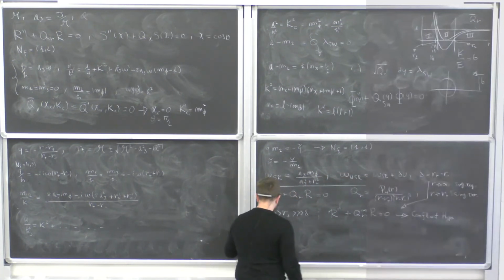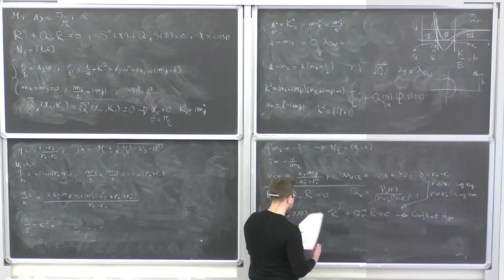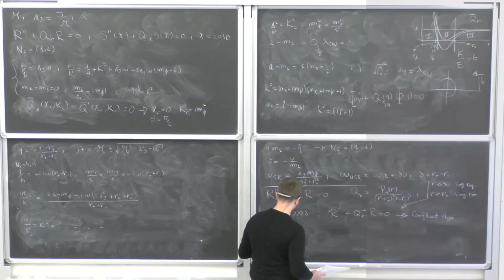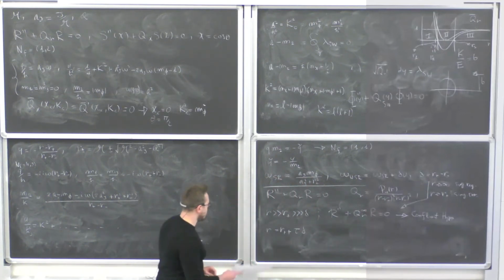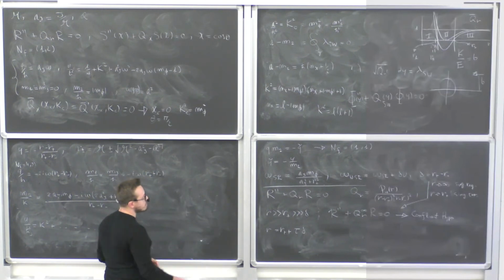Then I can study the other regime, the one near the two horizons. So I can define r to be r plus, so I'm near the external horizon. Then I can put a variable tau times delta, which is the difference between the locations of the two horizons.